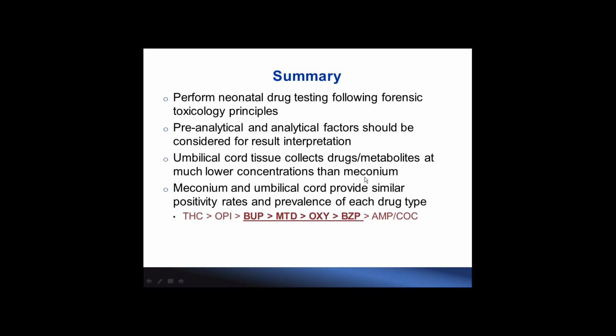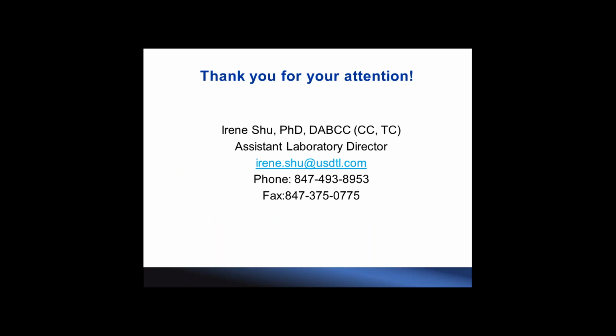So when we set up the methods or choose the appropriate method, those are things to keep in mind. And last but not least, meconium and umbilical cord provide similar positivity rates and prevalence of each drug type. Thank you very much for your attention, and I'll be happy to take any questions you have.